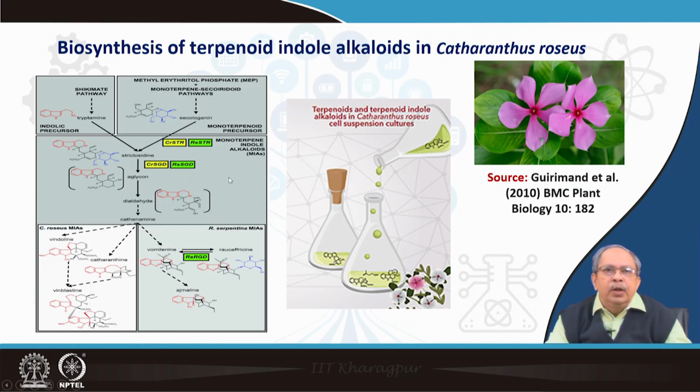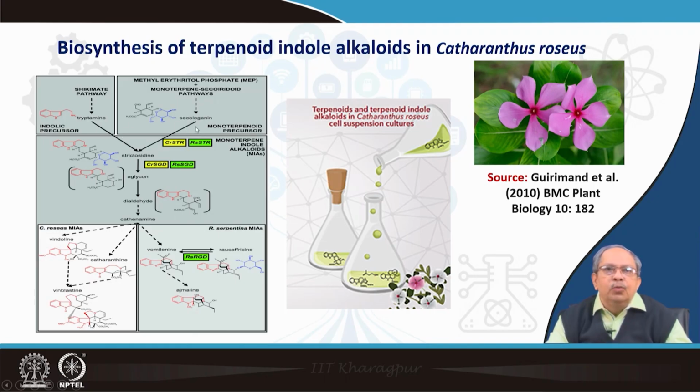The pathway is very complex, which of course we will study when we study details about the metabolic pathway for indole alkaloid and metabolic engineering. It originates one from the shikimate phenylpropanoid pathway and the other from the terpene skeleton.